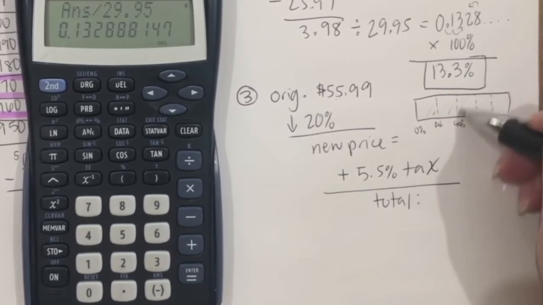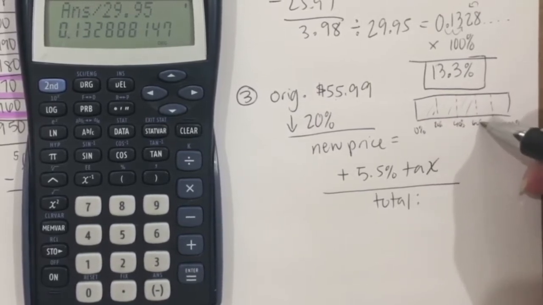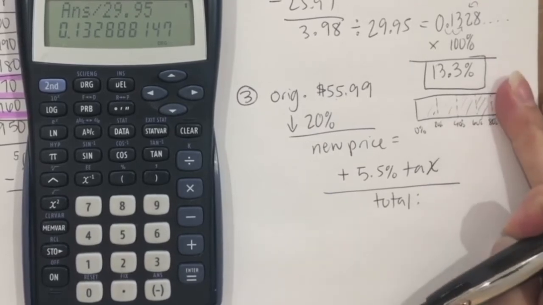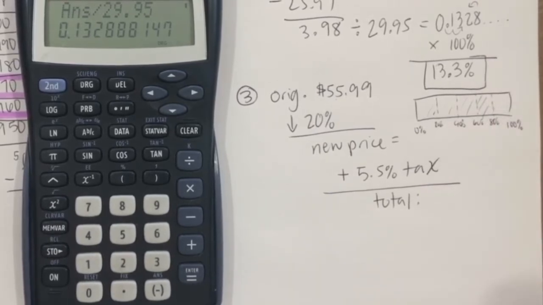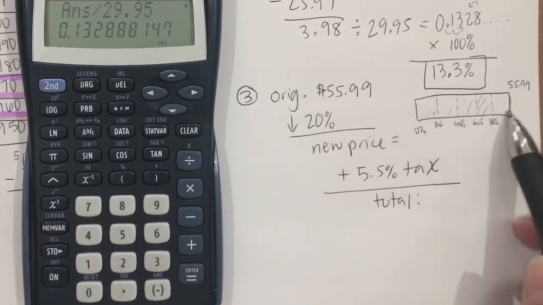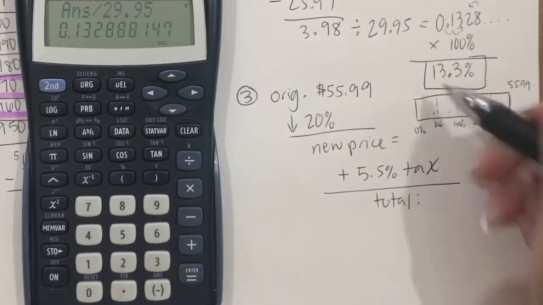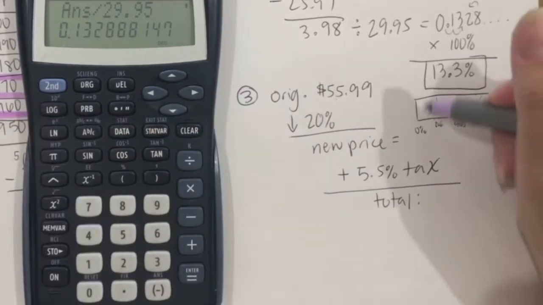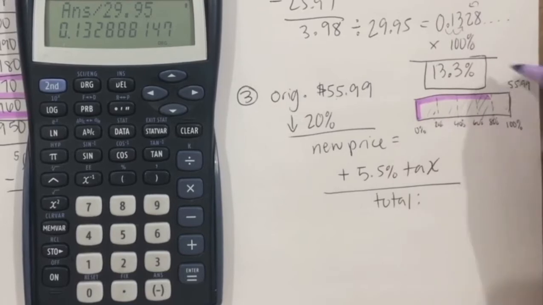If we keep going, we'll have 60%, and then 80%, and then 100%. So if we take off 20%, what are we left with? If 100% of our price is $55.95 and we take off 20%, how much do we have left? If we remove this 20, we're left with 80.